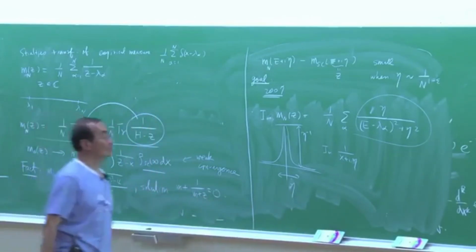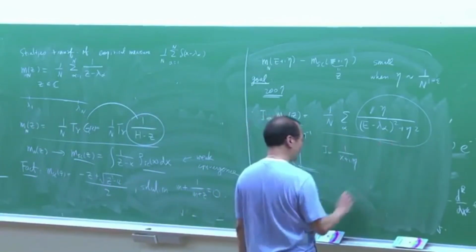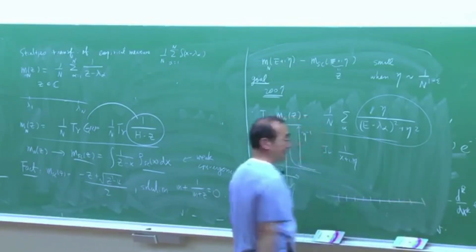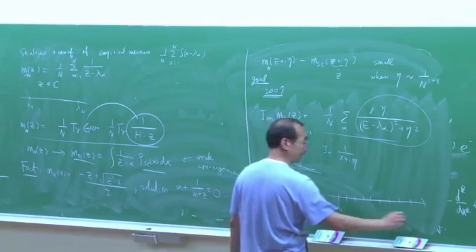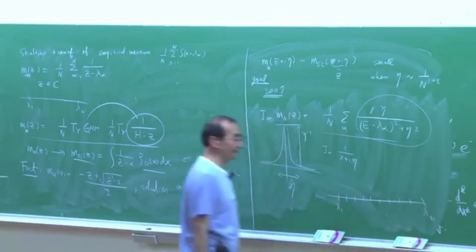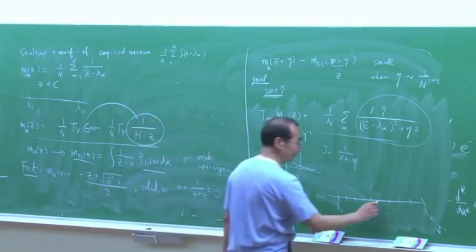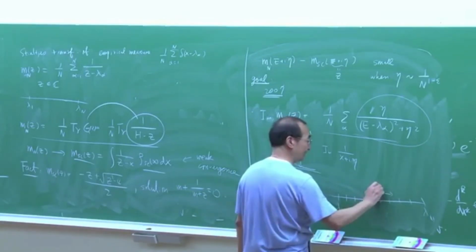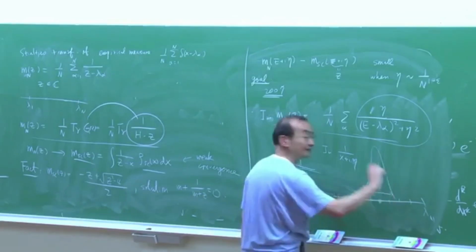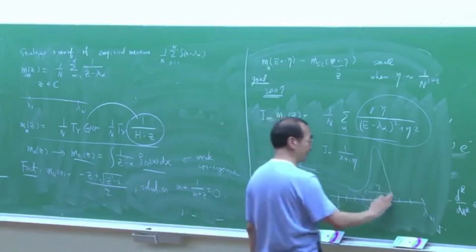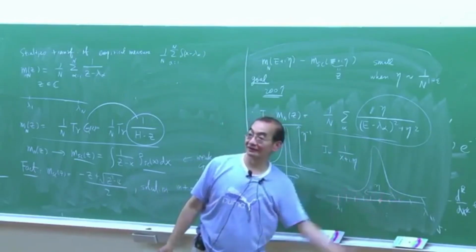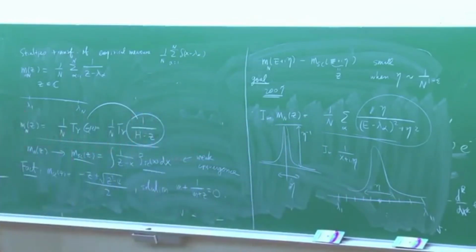So this quantity means you have the eigenvalues lambda 1 to lambda n, and each one you fatten up by the size eta, and then you take an average.